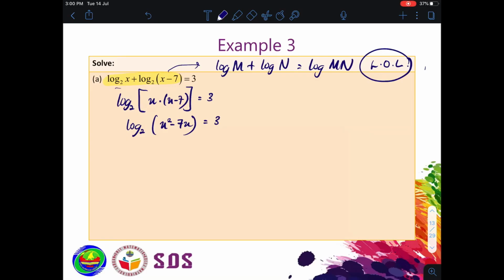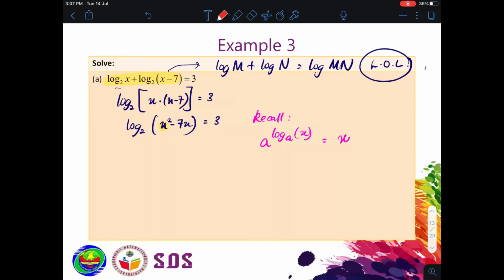What you want to find is the value of x, that's your aim. But how do you eliminate this log base 2? You must recall the properties of log, whereby if you have a to the power of log base a of a function of x, it will only give you x.